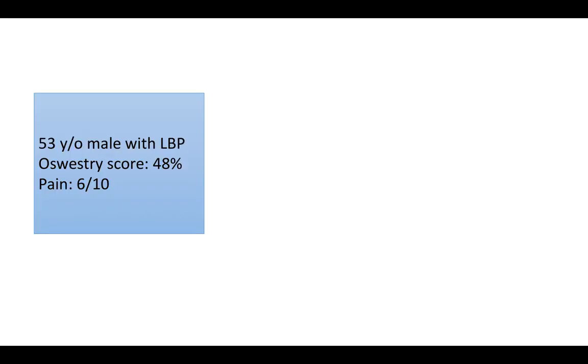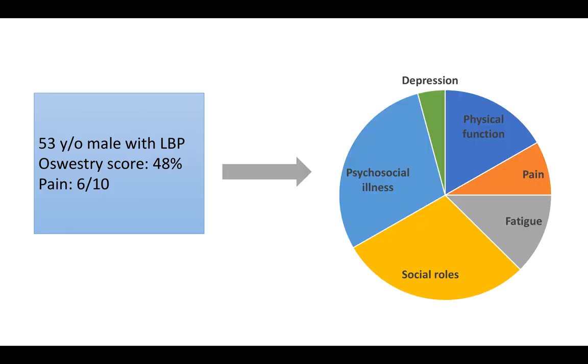Consider a patient that's pretty common with low back pain. We assess them using the Oswestry Disability Questionnaire and Pain VAS score. This assessment doesn't take into account comorbidities which are common in a 53-year-old male, and it doesn't address psychosocial issues such as self-efficacy or other physical issues like fatigue, which are commonly associated with low back pain.